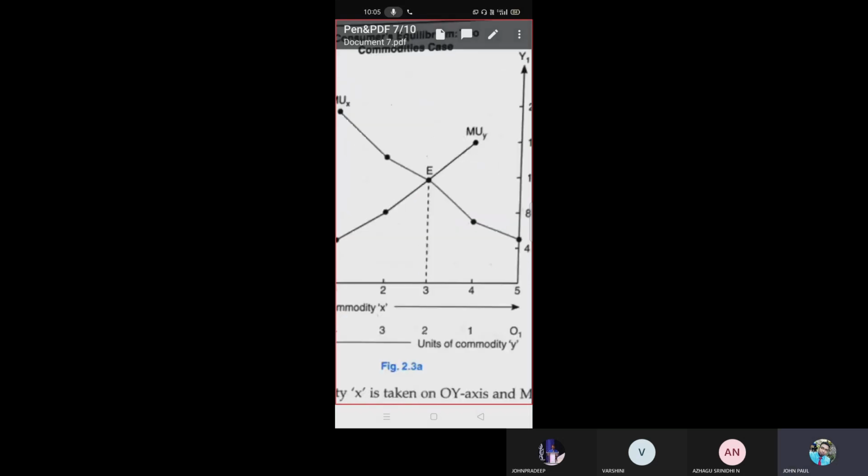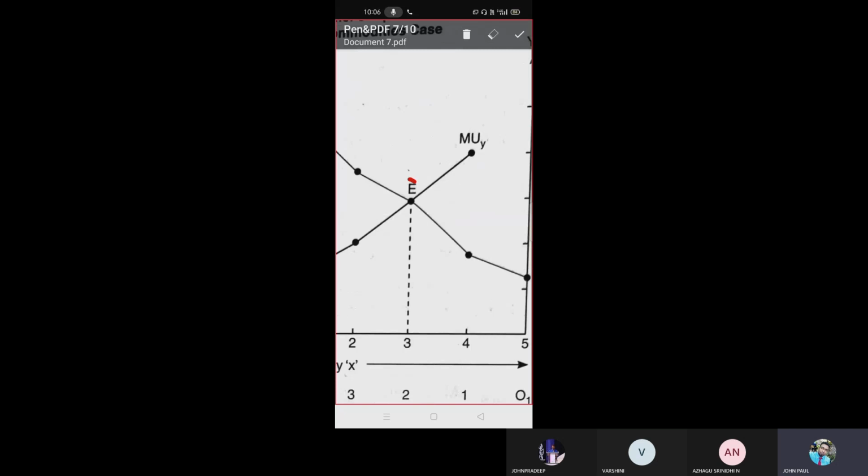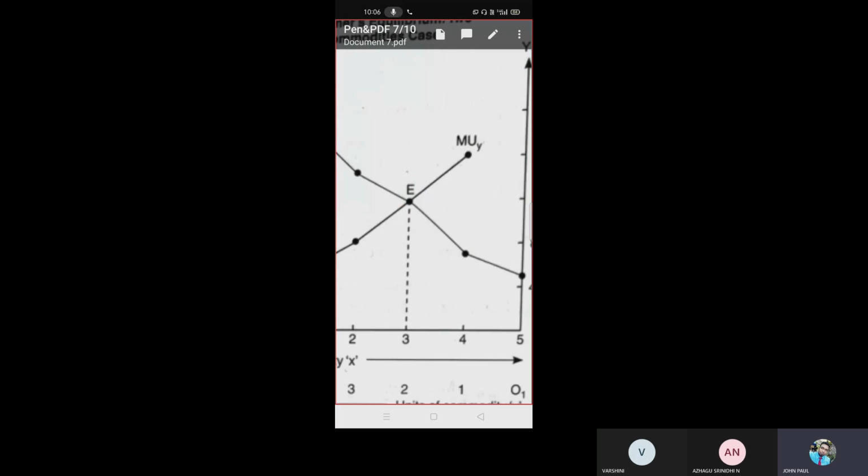Got my point? The point E, that means marginal utility of dairy milk divided by price of dairy milk is equal to marginal utility of munch divided by price of munch, which is to be called what? Consumer equilibrium in double commodity.